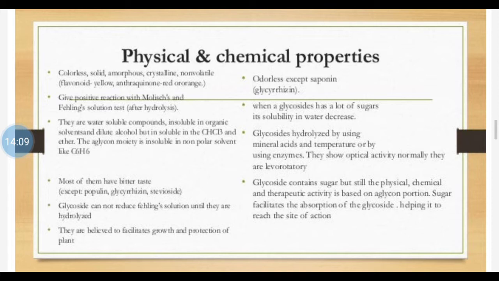The glycon moiety is insoluble in non-polar solvents. Most of them have a bitter taste. There are some exceptions, like glycyrrhizin, which is present in the glycyrrhiza drug, having a sweet taste. Glycosides cannot reduce Fehling's solution until they are hydrolyzed. They are believed to facilitate growth and protection of the plant.